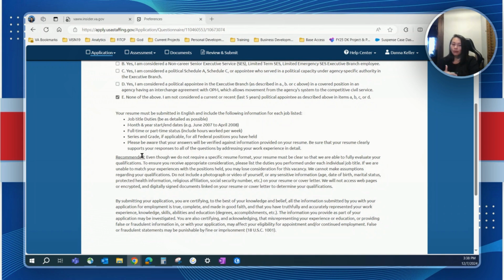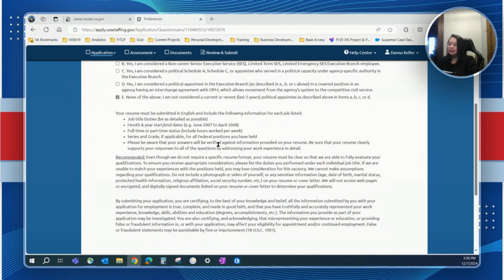Series and grade, if you've already had a federal position, that series kind of determines your skill set. Like we looked at that before and showed you this is a management and program analyst type position. I've had that grade series, I've had a health system specialist grade series, and I've had a coding, medical records type of series.